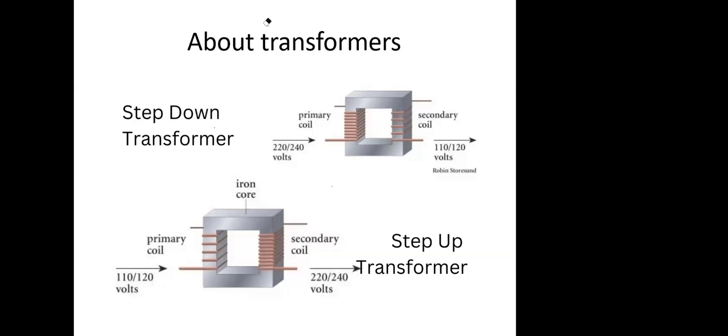Thank you. Now, the step-up transformer is a type of electrical transformer that increases the voltage of any alternating current signal. It is designed to step up the voltage of the input signal to a higher voltage output, making it suitable for long distance transmission or using high voltage appliances.